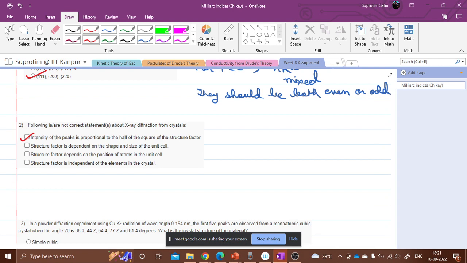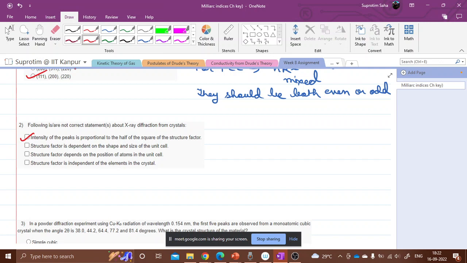Okay, structure factor is also independent of the elements in the crystal. So basically, it doesn't depend on what elements are sitting. So let's say for NaCl, it will depend on the position of the atoms in the unit cell. So it doesn't matter where the sodium ion is sitting or the chlorine ion is sitting. Okay, but for NaCl, sodium sits at all the corners, and chlorine sits at all the corners.